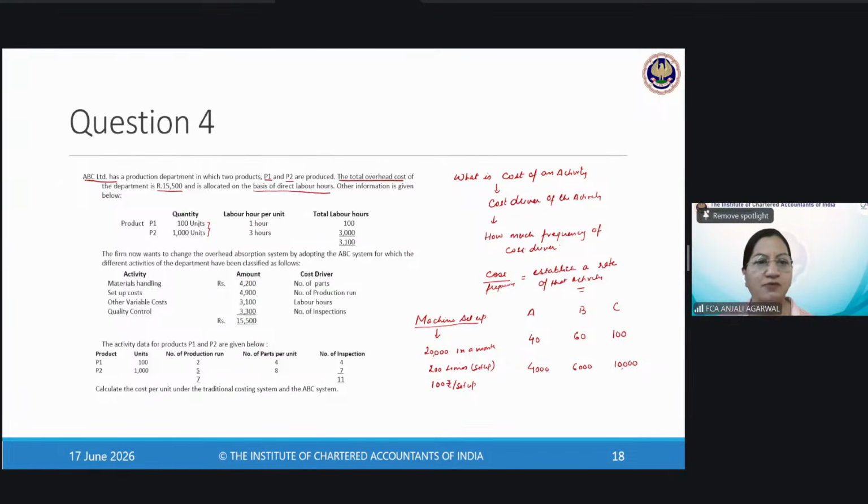So how many labor hours would have been incurred for P1? 100 units into 100 hours, mentioned already. 1000 units into 3000 hours. So a total of 3100 hours have been incurred in manufacturing P1 and P2. Now 3100 hours and 15,500 rupees, if you take the direct labor hour basis, the absorption rate comes out to be 15,500 divided by 3100.